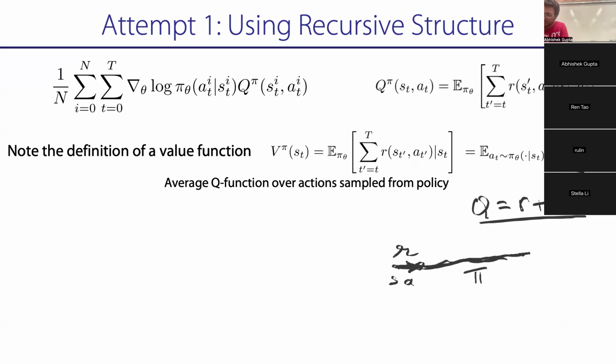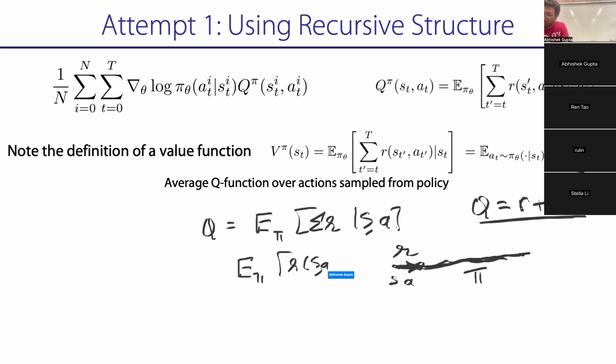And so you can write the Q function as the expected sum of rewards starting at S and A, right? And you can write this as the first reward plus the rest of the rewards. And so this thing doesn't depend on S prime, and you can take that out, right? Basically you have an average over all the future states, but your current reward doesn't depend on your future states.